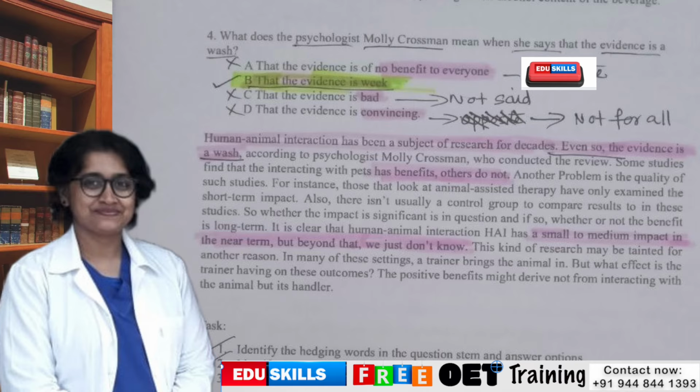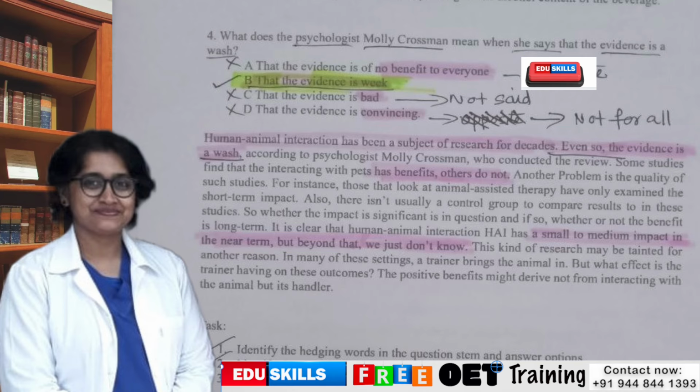is weak. That means the topic sentence says that even though research has been going on for decades, still the evidence is a wash, so it is weak. It is a synonymous expression for option B. Also from the paragraph we can understand that it has benefits for some people, and for others it does not.